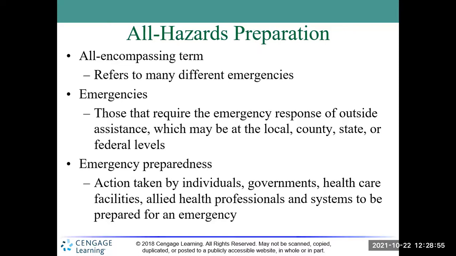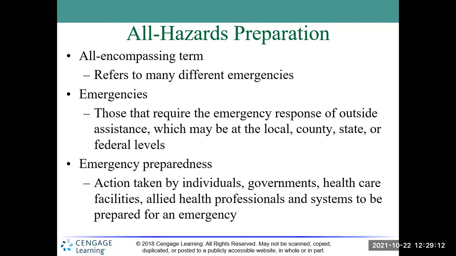And as we've all known in the last couple of years, COVID has been one of those all hazards preparation situations where the facilities were overrun and the entire facility's procedures had to shift.